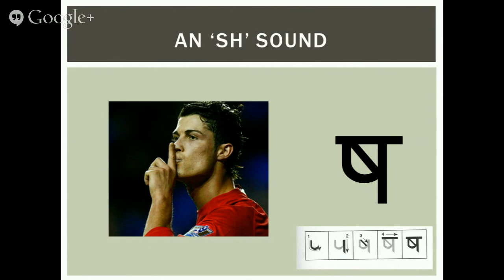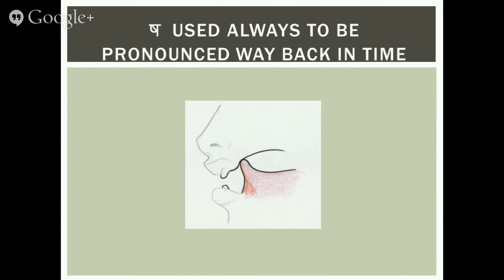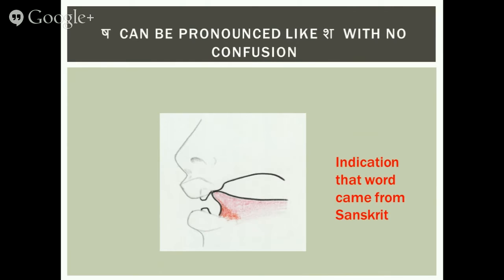All right. So this is an SH sound. Shh, shh. Okay. Why is it in the hard retroflex lesson? Because this too was always pronounced as a retroflex way back in time. You see, this one makes a world of difference in the ear. However, to be honest, nowadays, most of the time, this can be pronounced just like a regular SH sound with no confusion.